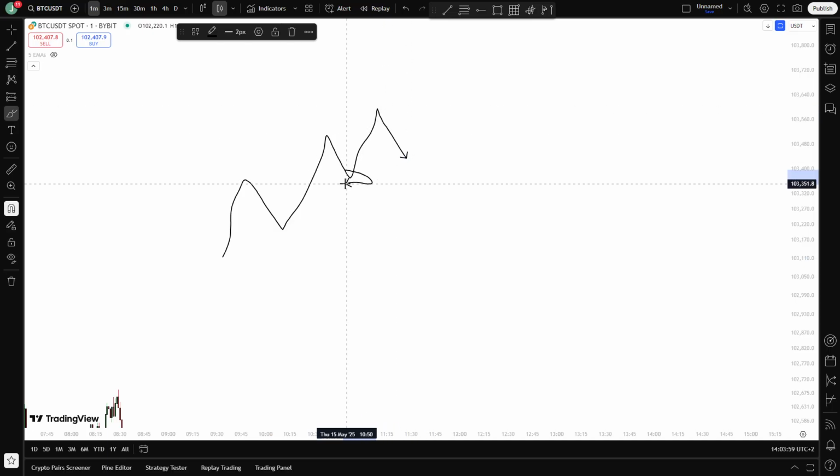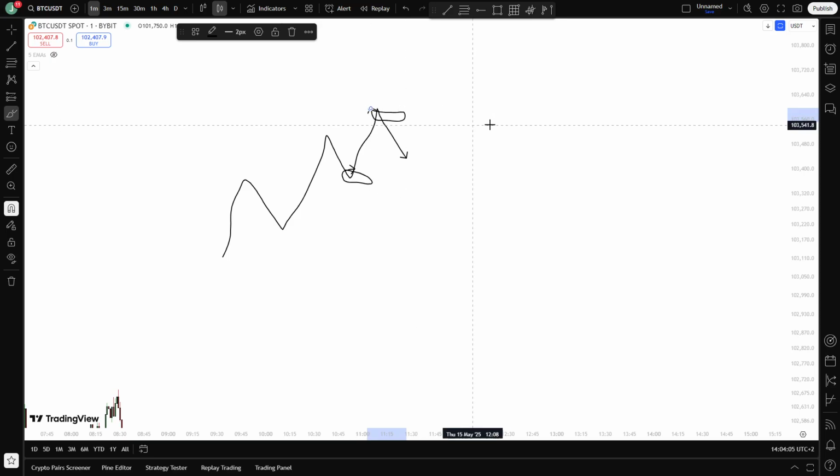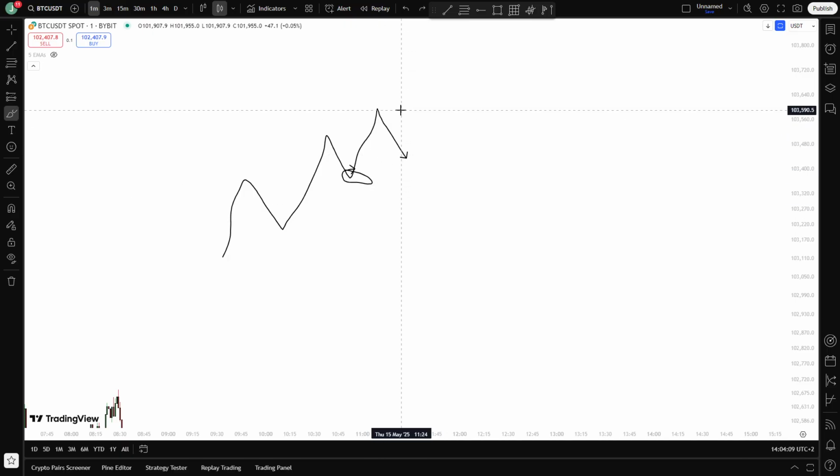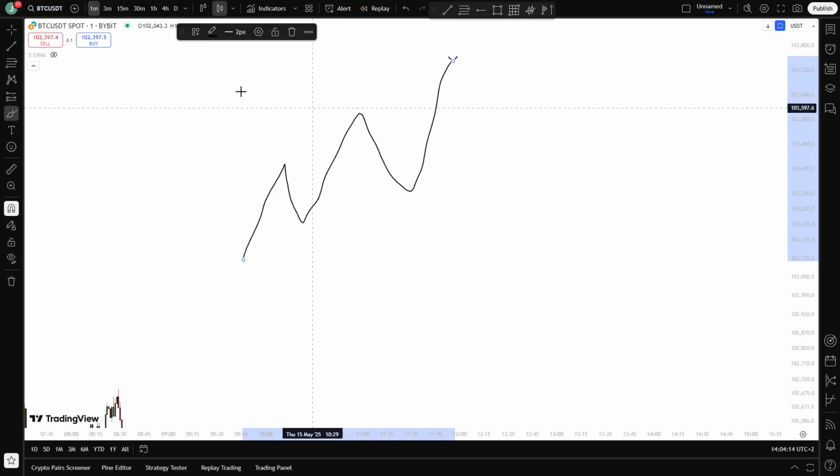So we want to see it get below this and be unable to get above this for a trend shift.